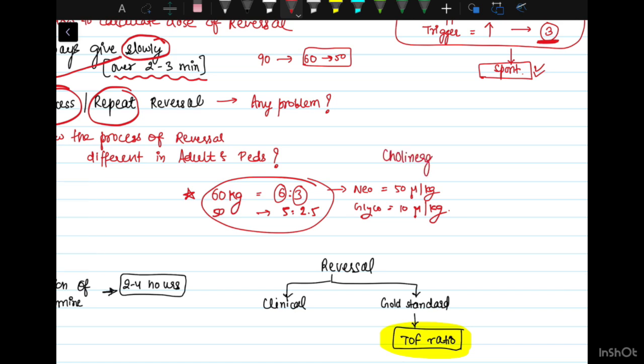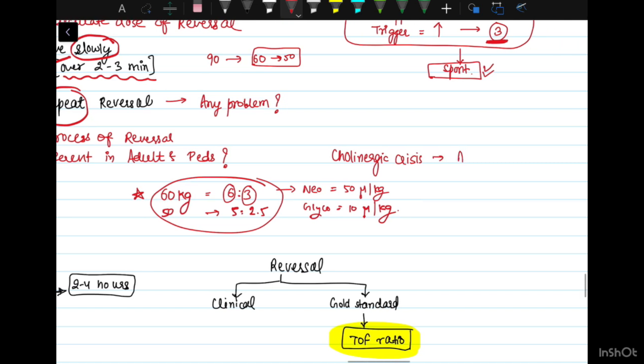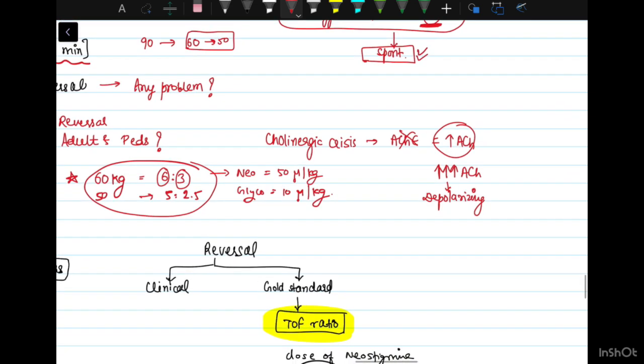cholinergic crisis because you're inhibiting acetylcholinesterase enzyme and increasing ACh. If you are repeating or giving excess of reversal, this acetylcholine will increase too much and will act like a depolarizing block. You must have read about succinylcholine.